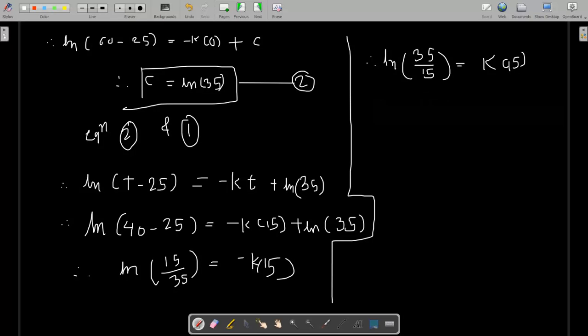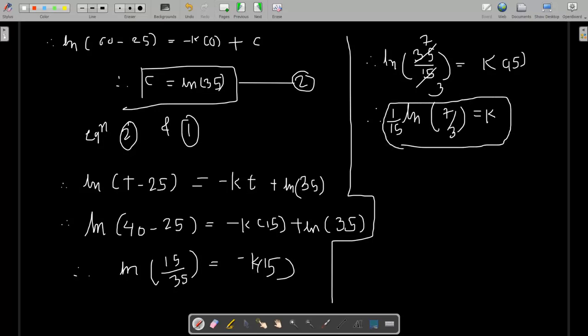Here, ln of 5 threes are 15 and 5 sevens are 35, so ln 7 by 3 into 1 by 15 is k. So this is our second boundary condition, and from this we have found the proportionality constant.